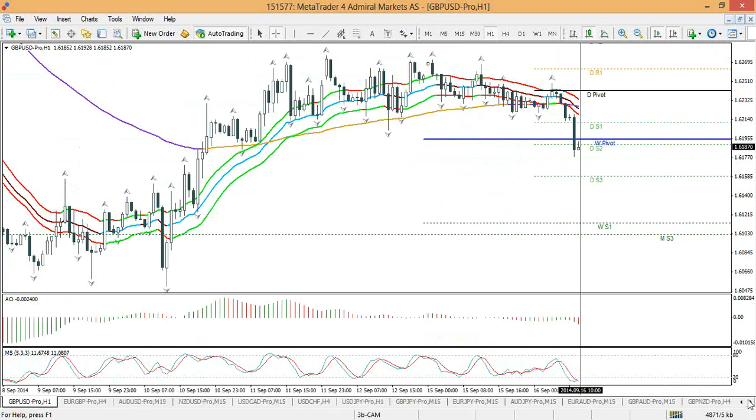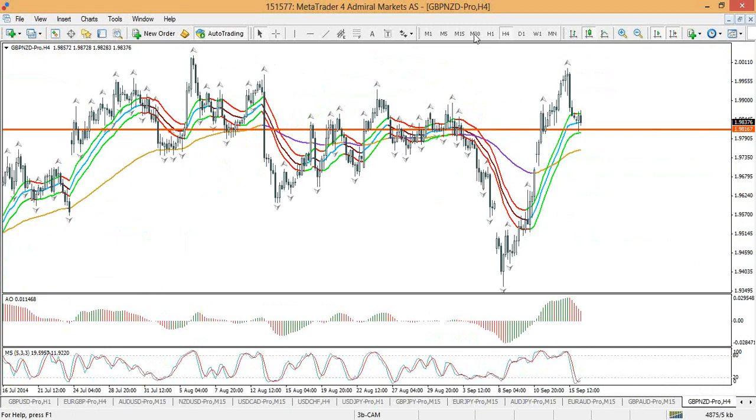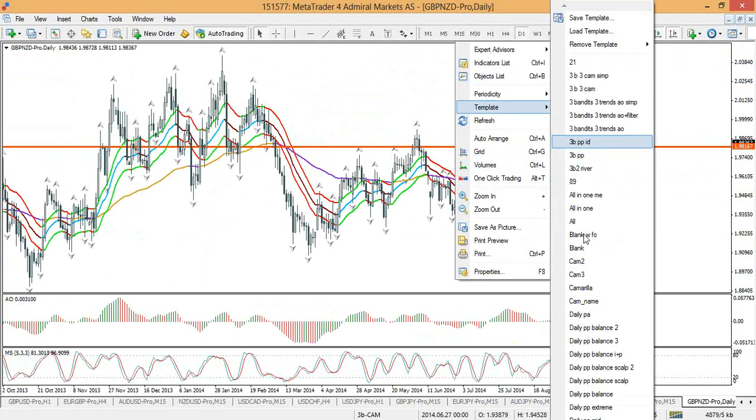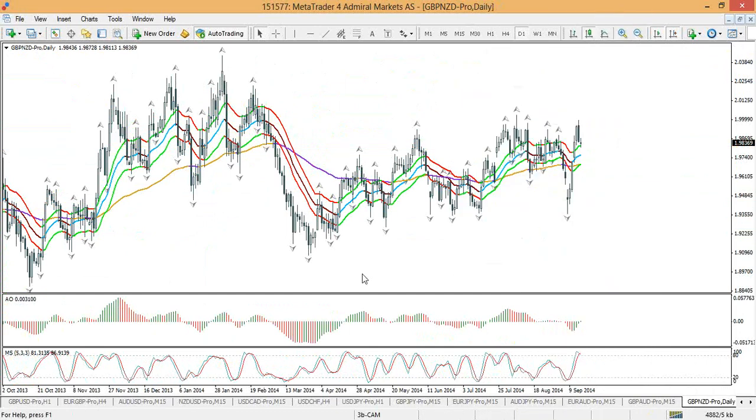For instance, if you're doubting what the Kiwi break or the pound break, look who's breaking first. Or take a look at the pound New Zealand, for instance, to identify which one is strong. Well, in this case, pound New Zealand is just a mess because it's just bouncing back and forth on this daily chart. So that doesn't give us much information here.